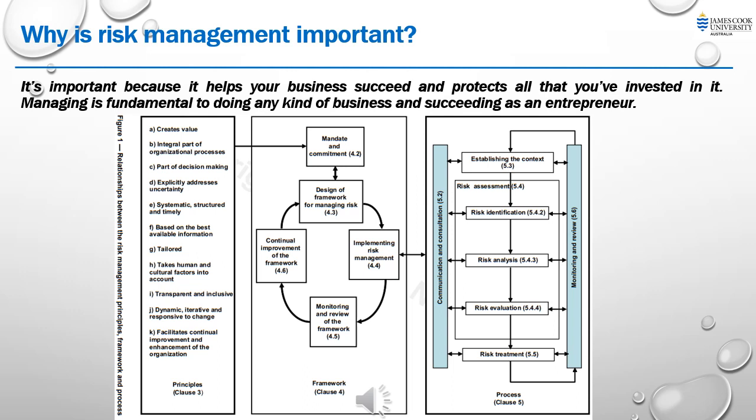Effective risk management provides organizations with more information about potential risk and the potential impact. This can help decision makers make more informed decisions and allocate resources more effectively. It also helps enhance organization resilience by identifying potential risk and developing a strategy to mitigate them.